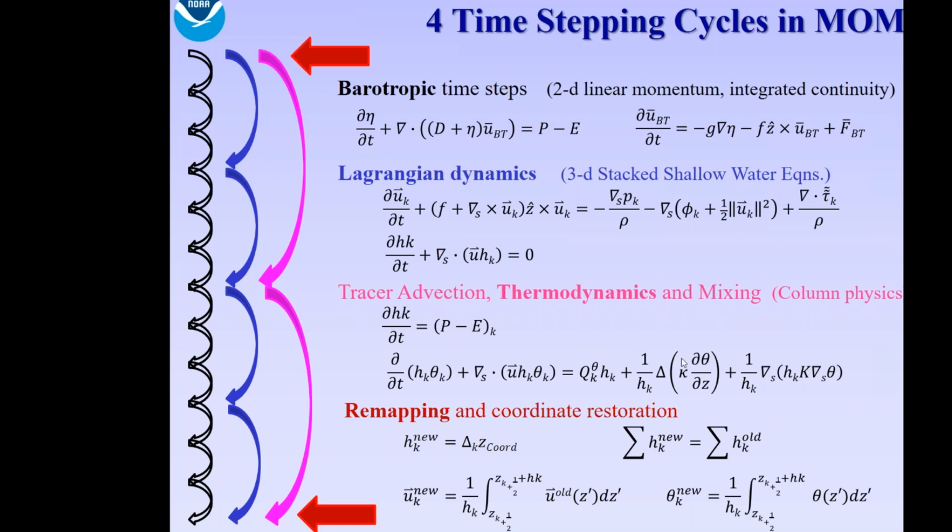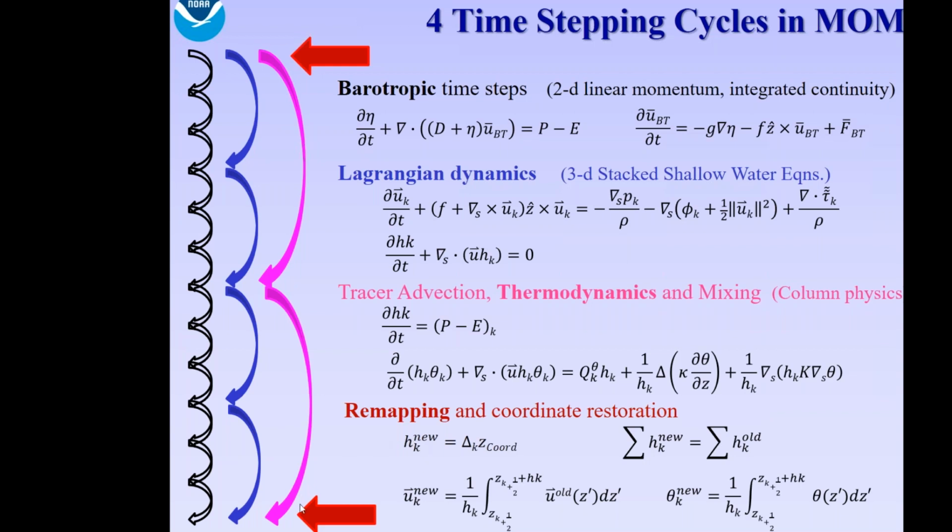Now, along with these, we also apply at the same time the thermodynamics, including vertical mixing, essentially what those of you from the atmospheric community might think about as the column physics part of the system. And then finally, we periodically remap towards our target coordinate systems.